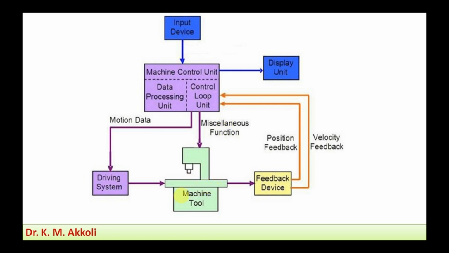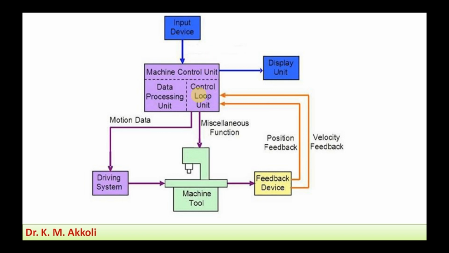The table movement, spindle rotation, coolant flow rate, and all the spindle axis rotation, whatever data there are, are sent back to the machine control unit through the feedback system. The actual positions of the machine tools are sent to the machine control unit, where it compares them with the original data received in the form of the program.